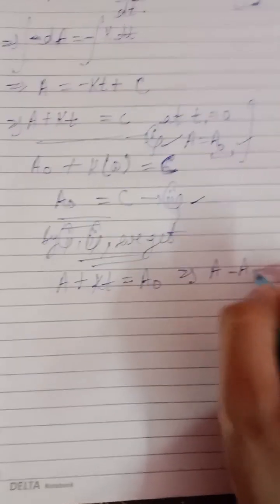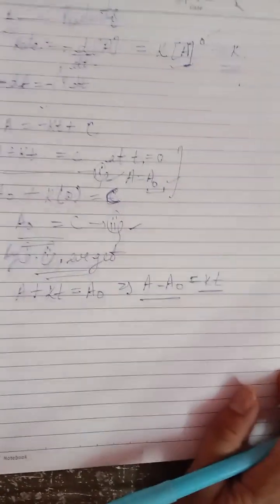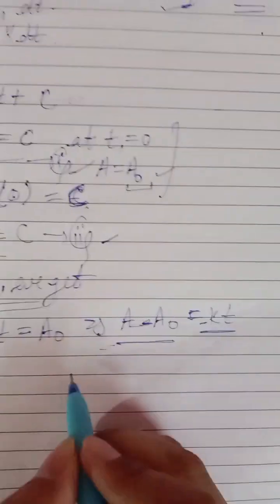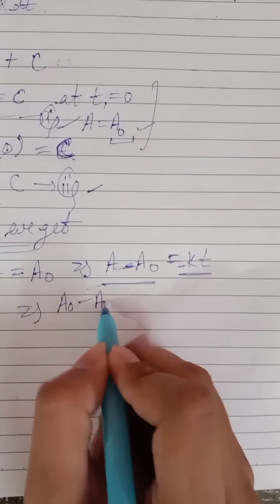By further transformation, we get A minus A naught is equal to minus kt. Taking the negative sign common, we get A naught minus A is equal to kt.